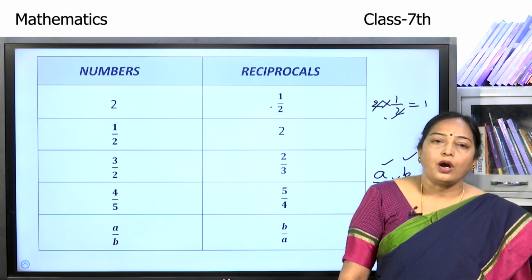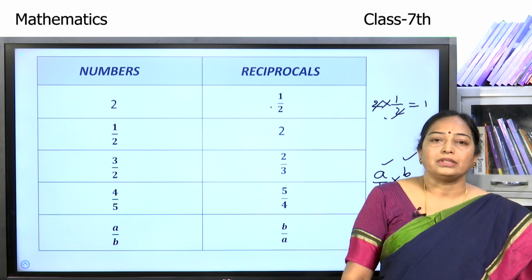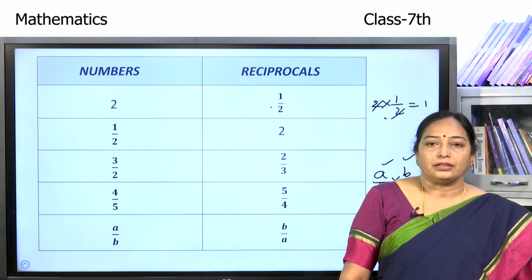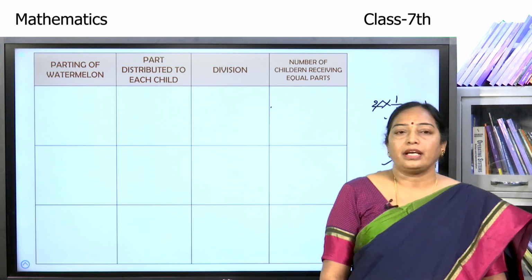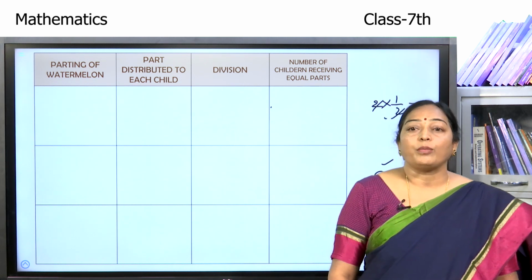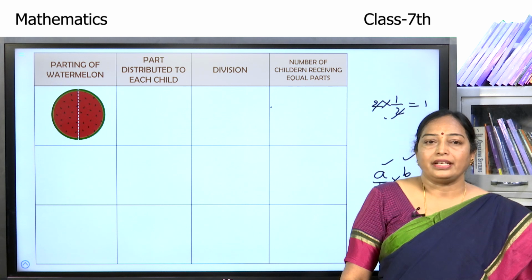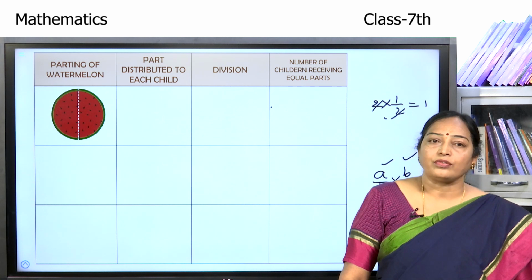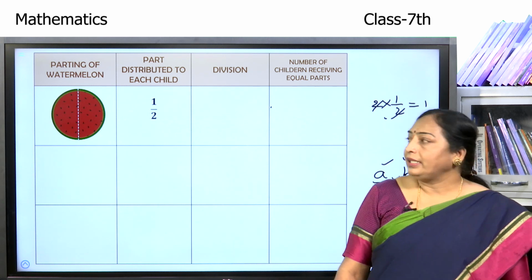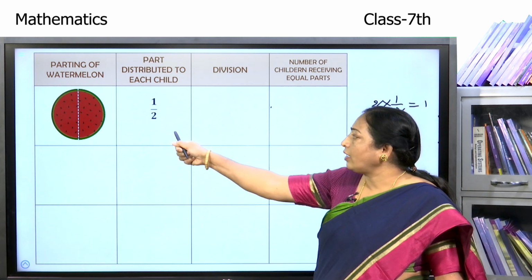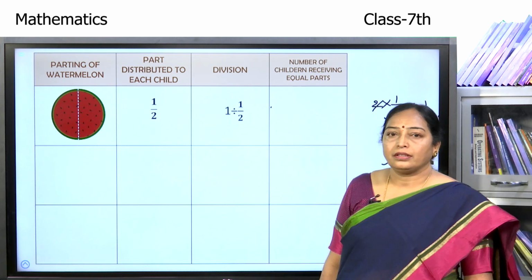Let us learn how to divide whole numbers by a fraction. Let us consider a watermelon divided among children. The watermelon is divided in halves, so that each child gets a half part.